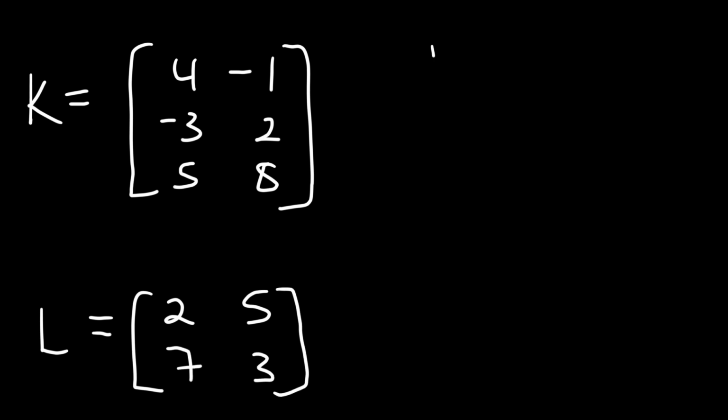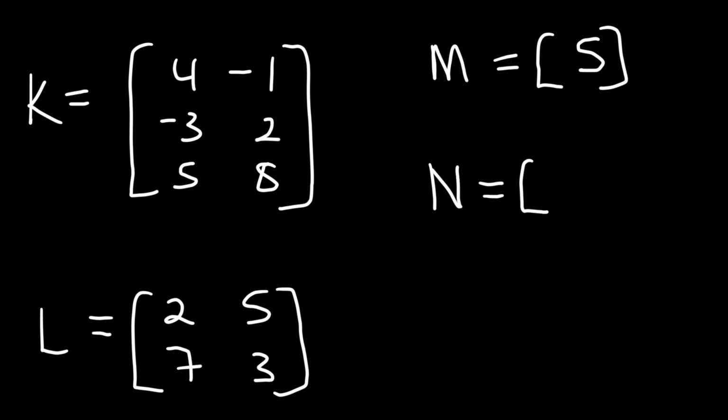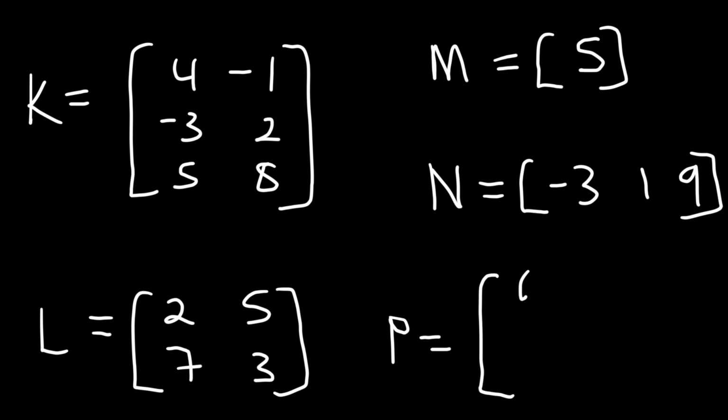And matrix M containing the element 5. Then matrix N containing the elements -3, 1 and 9. And lastly, matrix P containing the elements 6, 3, -8, 9, 4, 2, 1, 5 and 0.